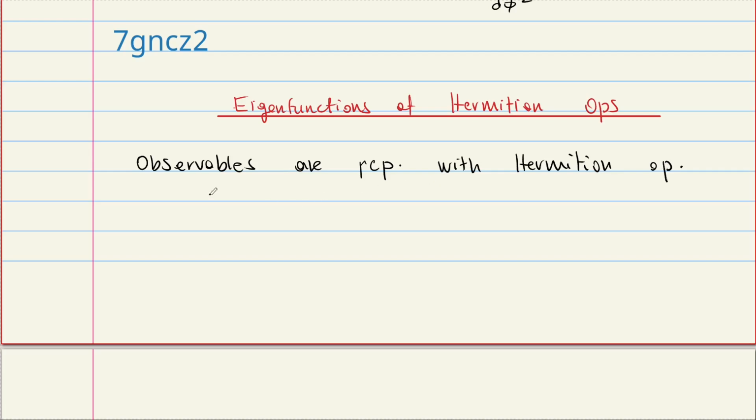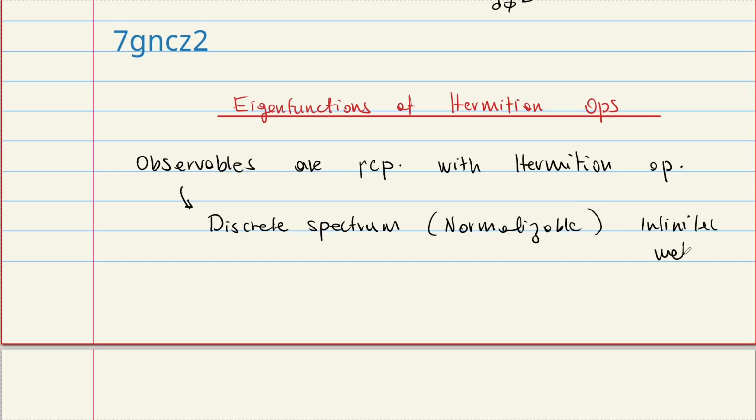And now we can have cases, right? We can have a discrete spectrum, and these guys are going to be normalizable. For example, you can think about the infinite well. Or we can think about a continuous spectrum.